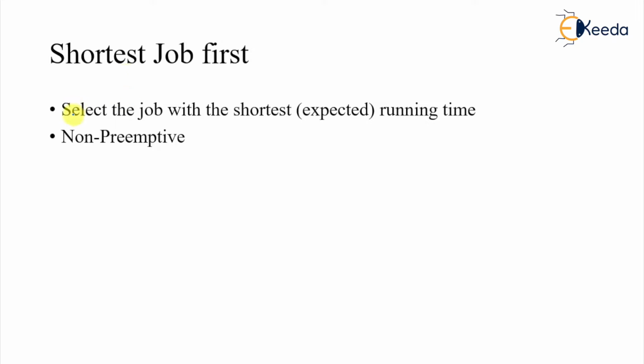The shortest job first policy is very simple. We have already seen the convoy effect, and the convoy effect is due to longer jobs holding the CPU for a longer period.